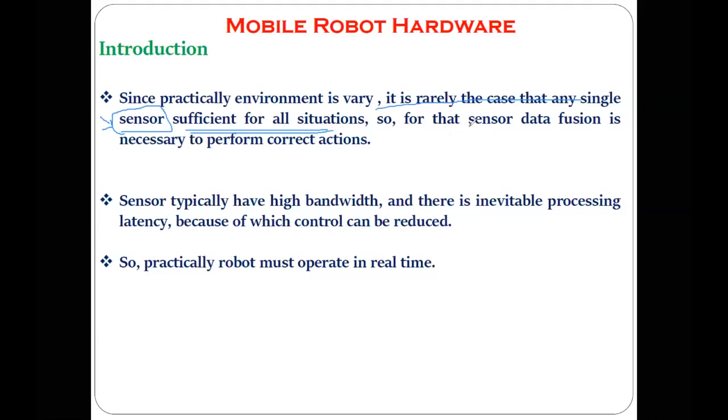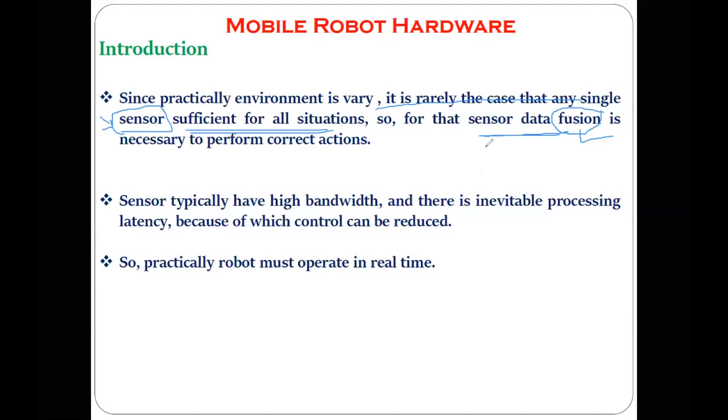Data is collected using more than one sensor, and this data collected from more than one sensor is combined together, which is considered sensor data fusion. So instead of sensing data using only one sensor, it is more practical to have more than one sensor, and when the data collected from them is combined, that is considered sensor data fusion.